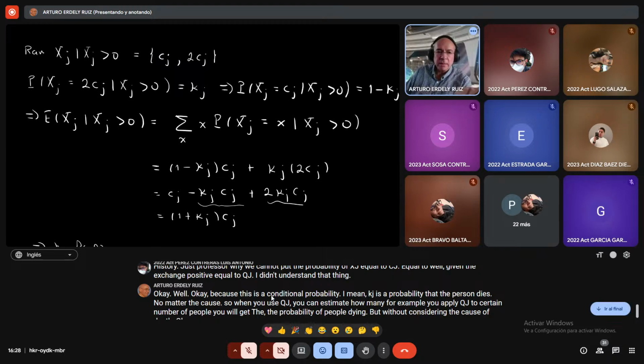But if, given death, you want to know if a person died because of an accident or not, here qj doesn't take part in this calculation because it's given that the person died, okay? With which probability did this person die? With probability qj, but this already happened here. That's why it's out of the scene here, right?